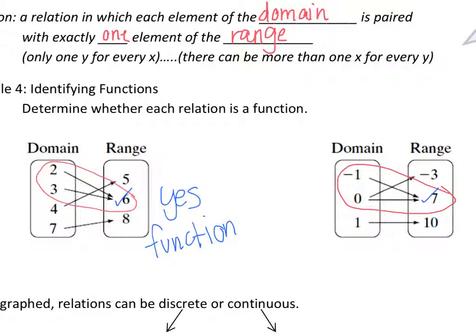This 0 has two arrows. It's an x. That is not okay. So this is no, it's not a function. Why? Because there cannot be two y's for one x. Only one y for every x.